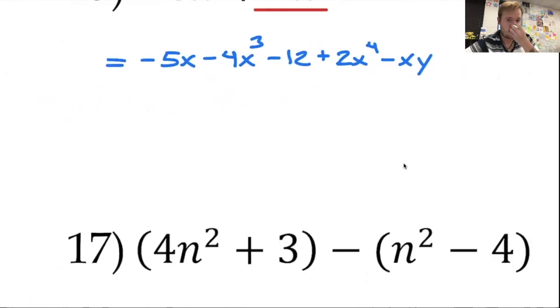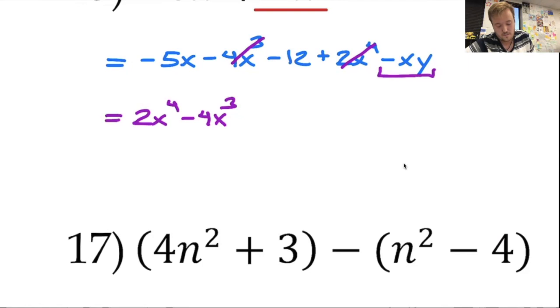So now we just rewrite in descending order. So our highest degree goes first. So we have a degree of 4, so 2x to the fourth. So that's our first term. So count down, so we have a value of 3, so that term goes next. So now you're probably wondering, do we have a degree of 2? Actually, we do.